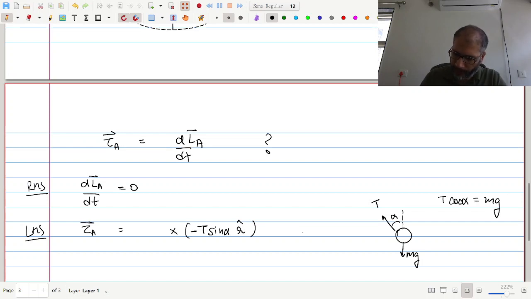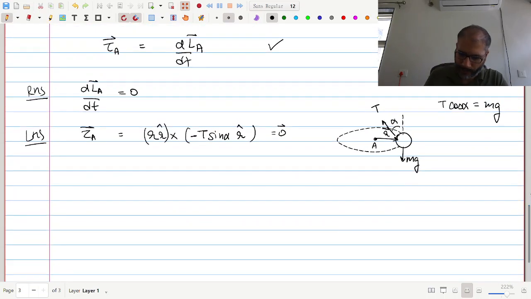Since we are finding the torque, it's simply the vector r, which is r times r hat, crossed with this minus T sin alpha r hat, and we can see that they are both in the same direction, so this becomes 0. So we can see that this equation is satisfied.